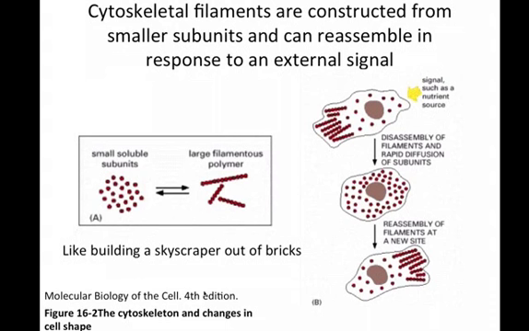So these cytoskeletal filaments are constructed from smaller subunits, and then they reassemble in response to external signals. So remember, generally, things aren't random in the cell. Well, there are things that are random in the cell, but usually there are signals.